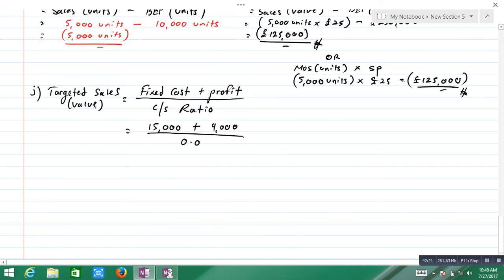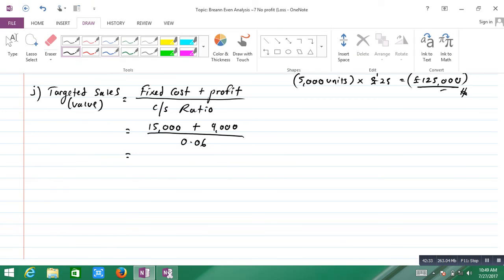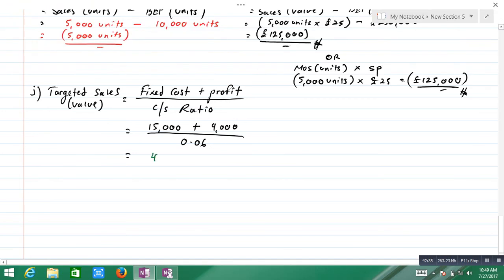So I'm just gonna show you one more extra thing here. Where in the required they ask for sales value, if I change this and ask for sales units, it's the same thing.